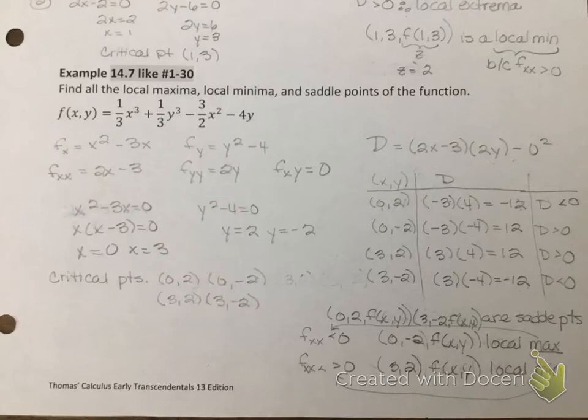So your discriminant for step 3 uses f sub double x, f sub double y, and f sub xy quantity squared.